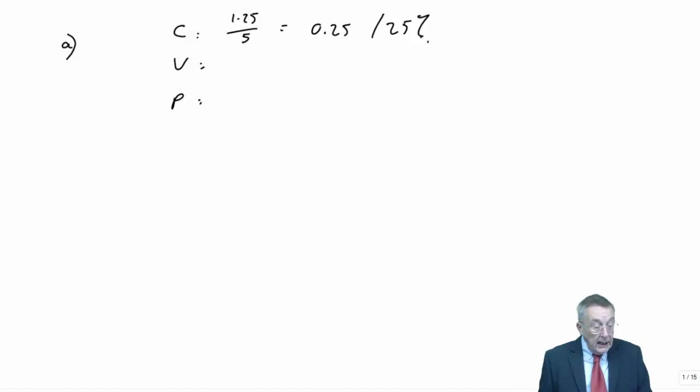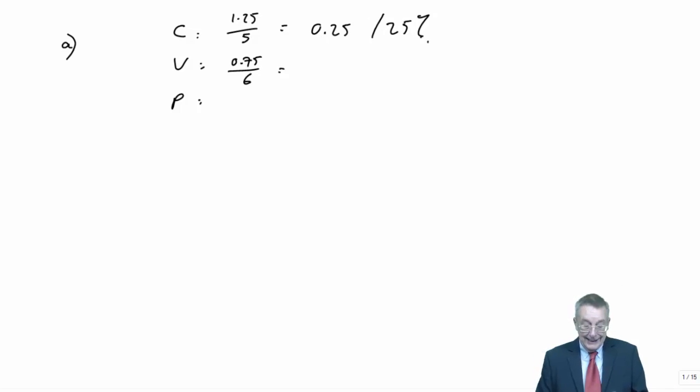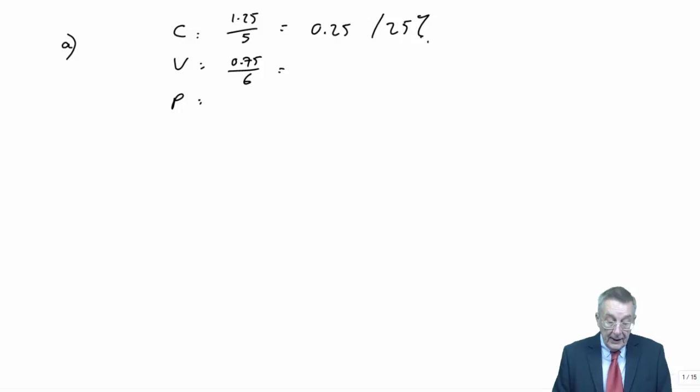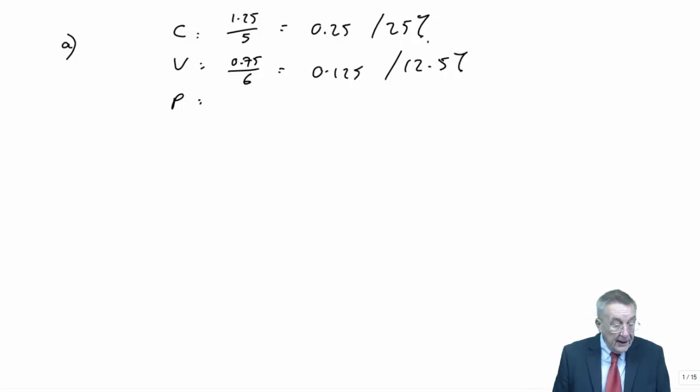For product V, contribution 75 cents on $6, which is 0.125 or 12.5%, doesn't matter. And finally P, 2.65 contribution, selling price 7.